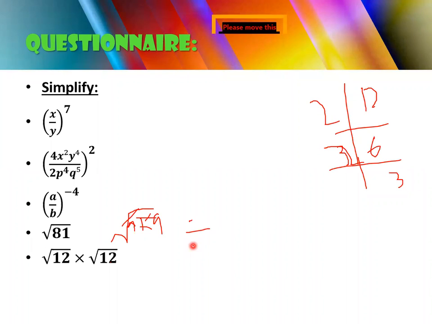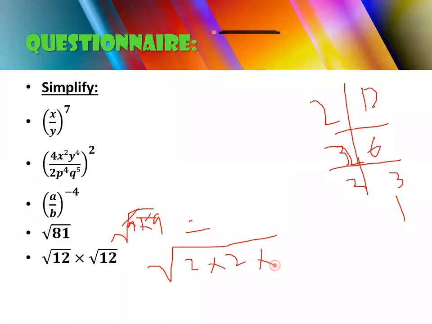Now what you will do, simply write it down inside, and 3 multiplied by 1 is 3. So you will write it here: 2 multiplied by 2 multiplied by 3. Okay, 2 2s are 4, 4 3s are 12.